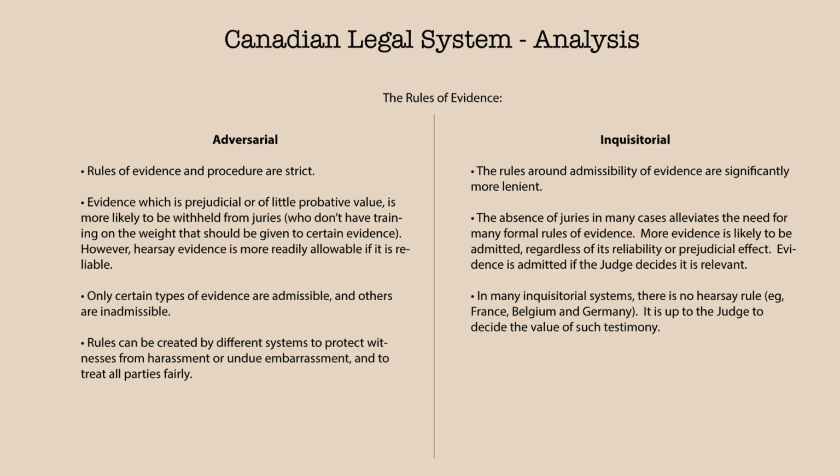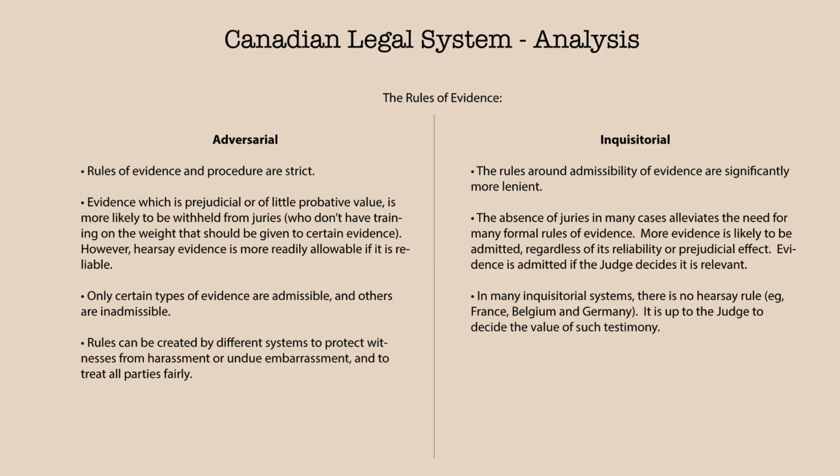Now, in Canada, we are definitely more like the inquisitorial system, particularly at the superior court level, where serious crimes are tried without a jury, again, in sex assault cases, for example. We do have a lot of rules for the types of evidence that can be admitted against a witness or against a complainant or victim, whichever word you prefer.